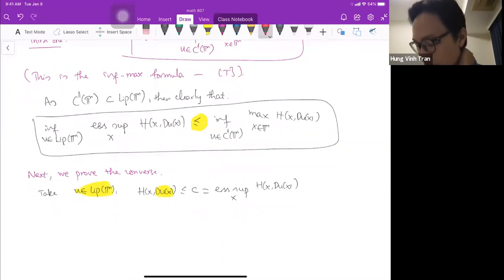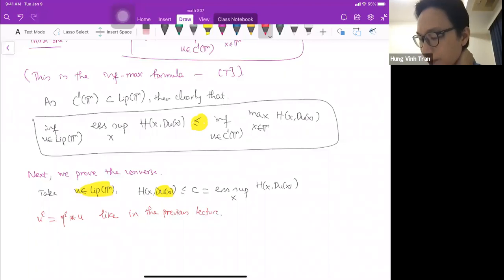One of our tools is that we can smooth it up, right? You just define u epsilon to be eta epsilon convoluted with u, like in the previous lecture, right?